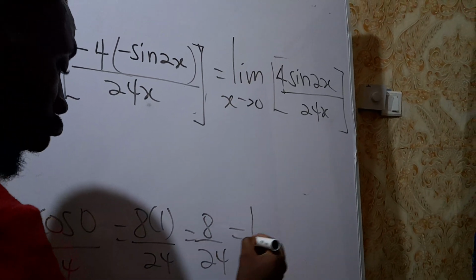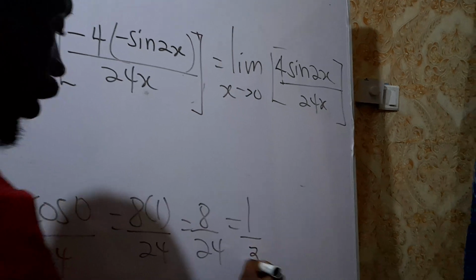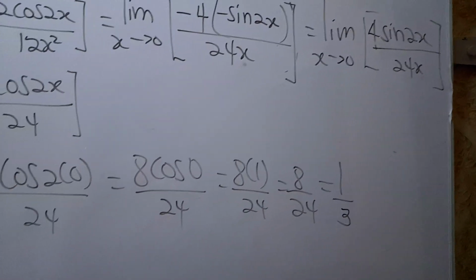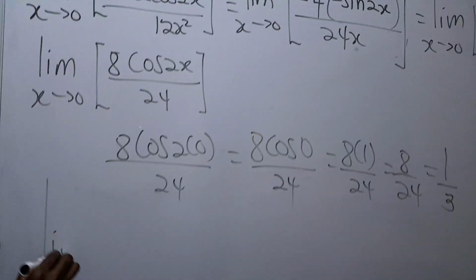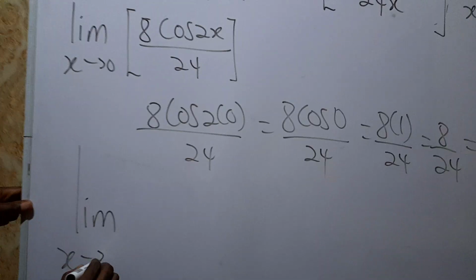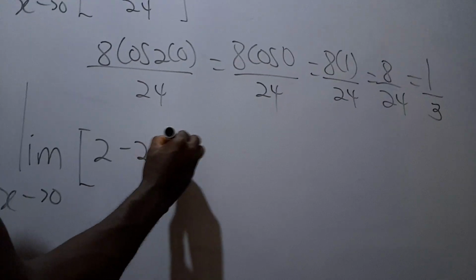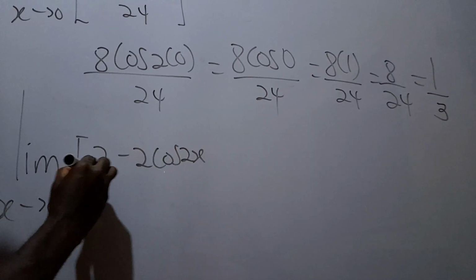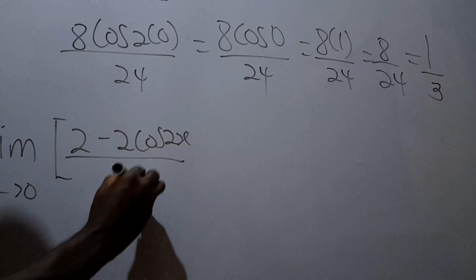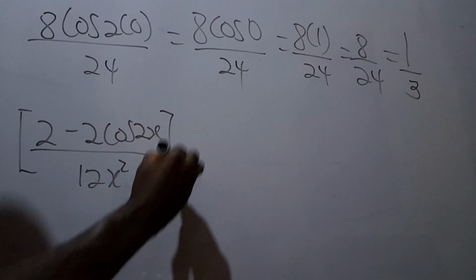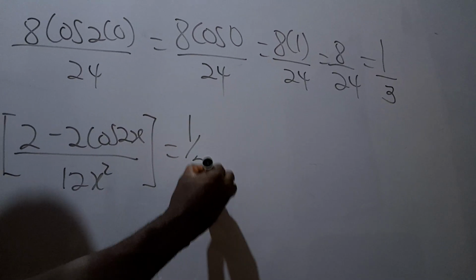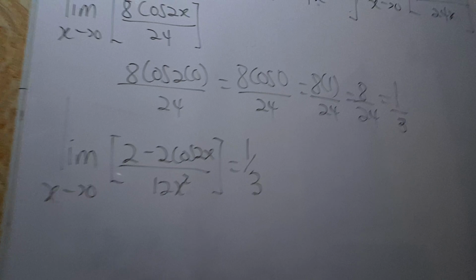And 8 into itself, 1. 8 into 24, 3. Then we can conclude that the limit where x approaches 0 of 2 minus 2 cos 2x all over 12x squared will be equal to 1/3. I hope you get that.